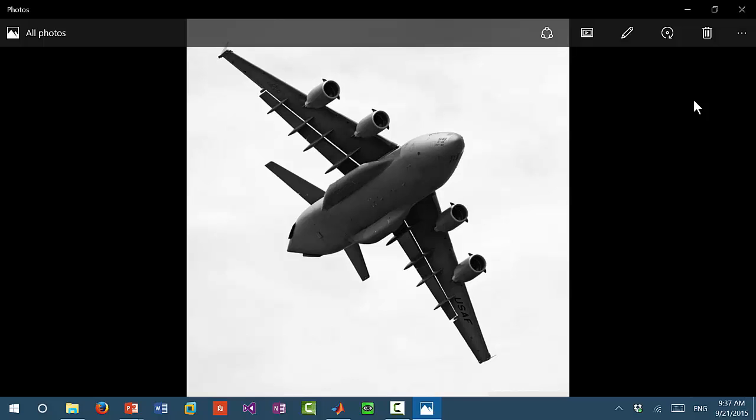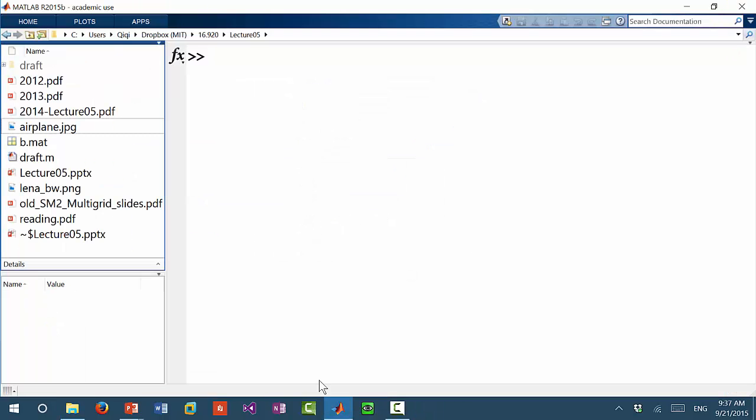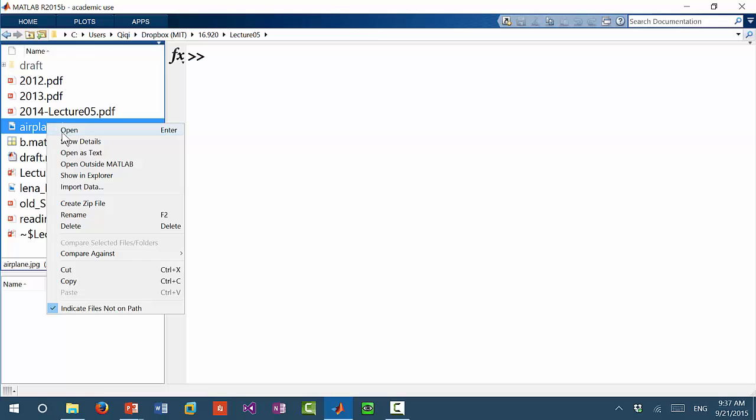It's about 1,000,000 by 1,000,000, right? Today we are going to use multigrid to solve a 1,000,000 by 1,000,000 matrix. We are still going to use the example of Poisson's equation. So let's first import that into MATLAB.